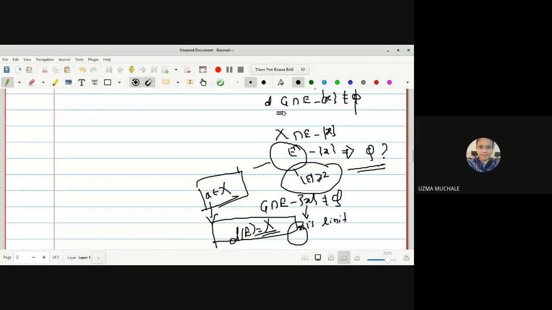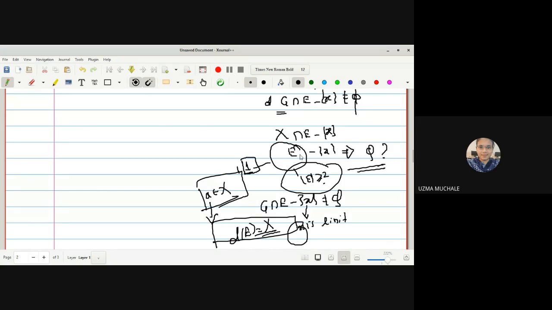We have to remember this one, G intersection E minus singleton X. And we have arrived at this for the indiscrete T space: capital E minus singleton X is non-empty on the condition that the cardinality of E is greater than or equal to 2. If the cardinality of E is equal to 1, then we have to discuss the cases while going through the example. But in general, we can assume that the cardinality of E and X are both greater than or equal to 2, and X is any arbitrary point.